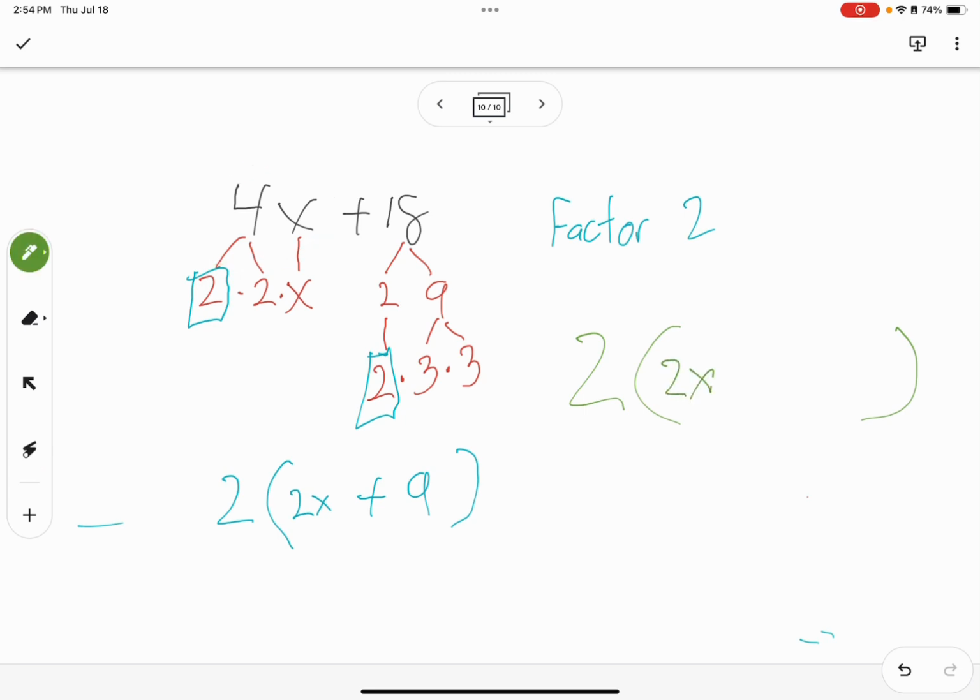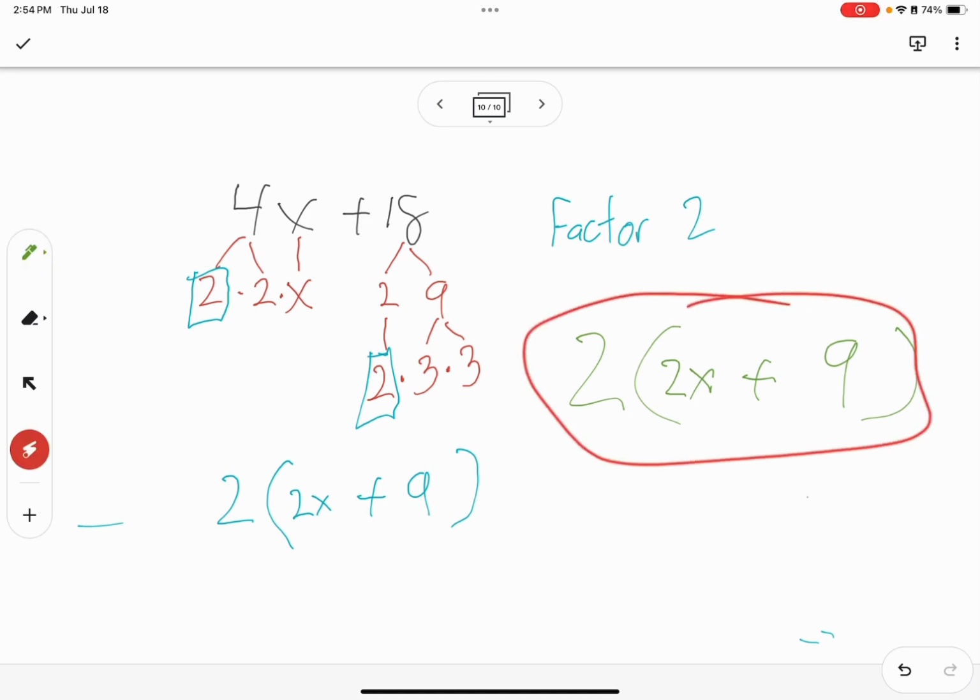So 2 times 2x equals 4x, so that's good. Now I want to look at, what can I multiply 2 by to get 18? Well, 9. And then again, both terms are combined by a plus sign. So that's another way of coming to the same answer.